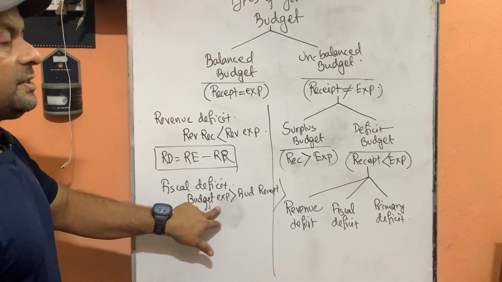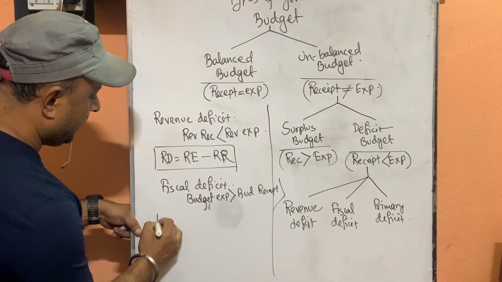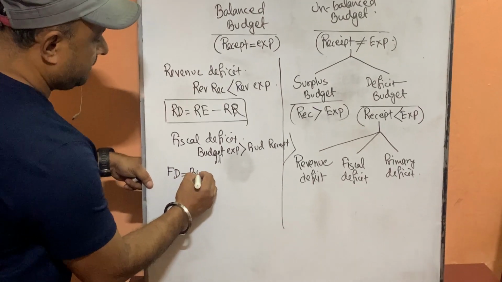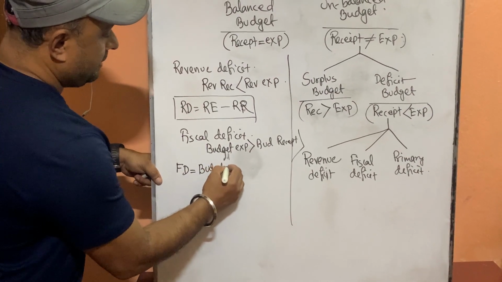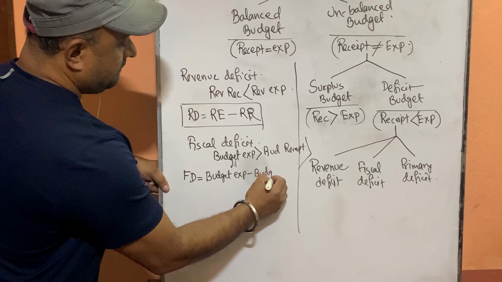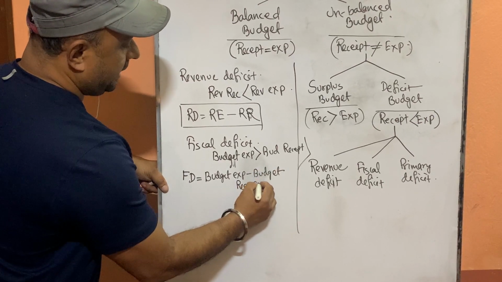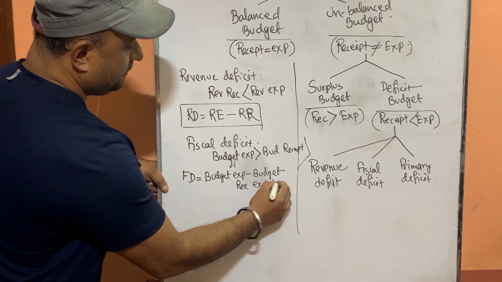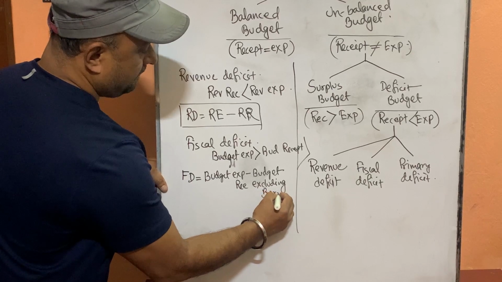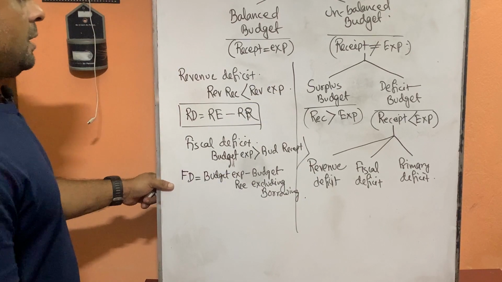In short, we can write the formula like this: fiscal deficit is equal to budget expenditure minus budget receipt excluding borrowing. Why excluding borrowing?